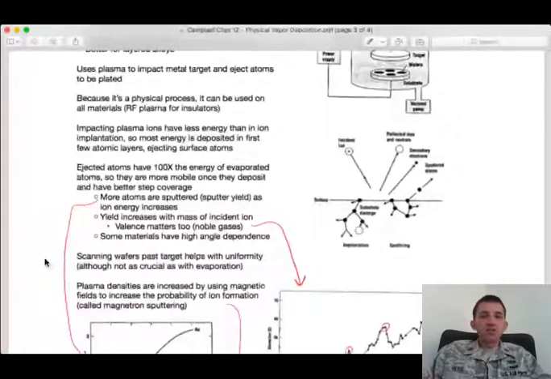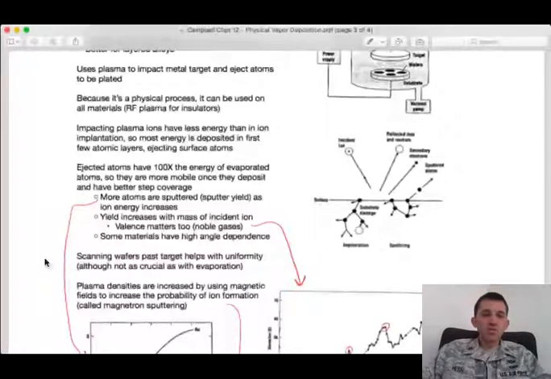This sputtering process has a lot of the same dependencies that we talked about when we talked about SIMS, right? This is a similar process. We have ion impacts, and so we have the same issues about yield. Yield is how many atoms you get sputtered relative to how many ions you have impacted.